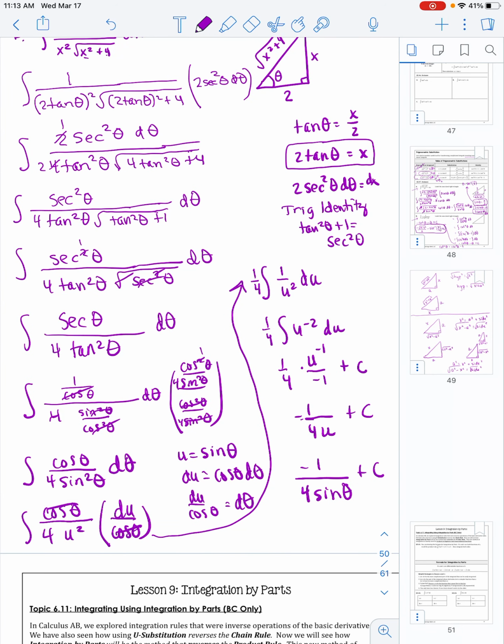And then we have to go back up to our triangle. What is sine theta? Well, sine theta is the opposite over the hypotenuse. That's x over the square root of x squared plus 4.